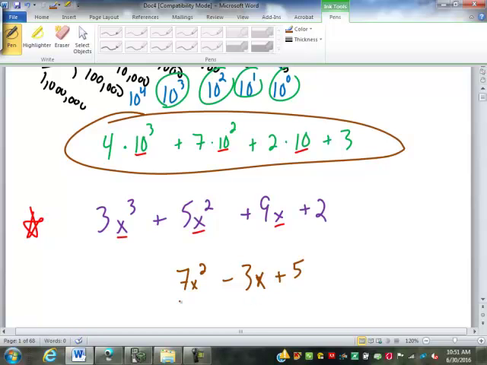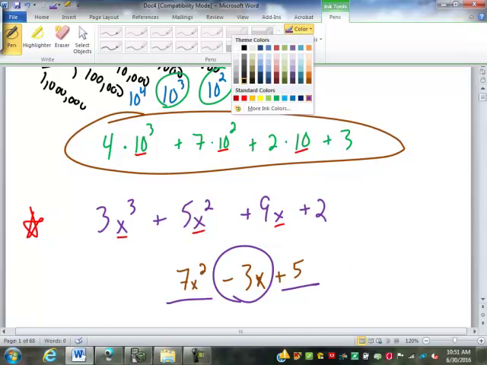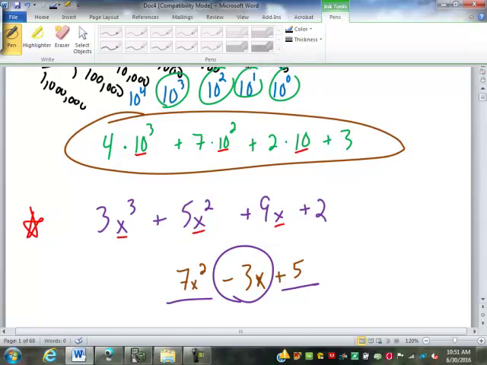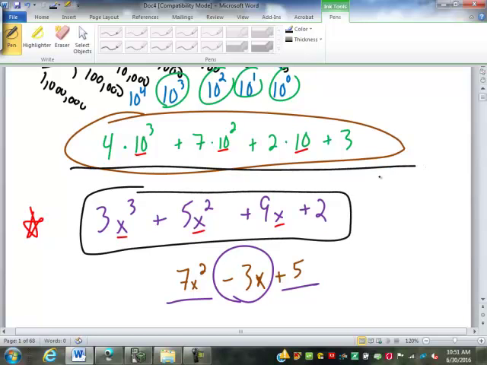So here, the 7x squared, that digit's positive, and the 5 or 5 ones is positive, but the negative 3x is negative. And we've seen that a little bit before too. So there are some other similarities that we need to draw between our algebraic numbers and our whole numbers and integers.